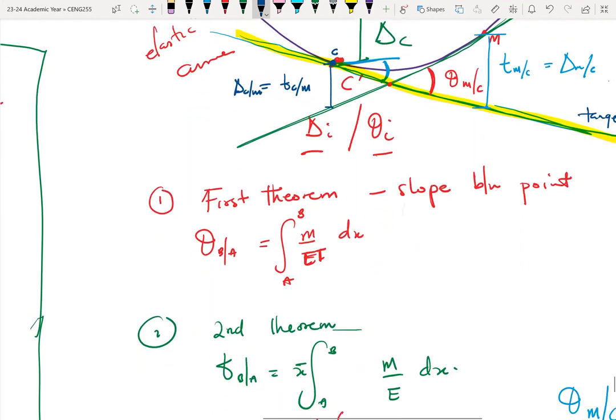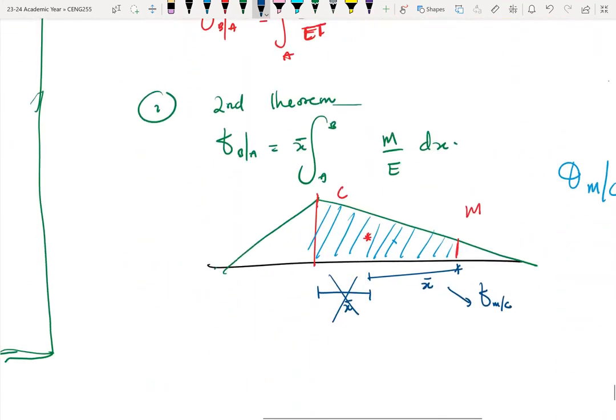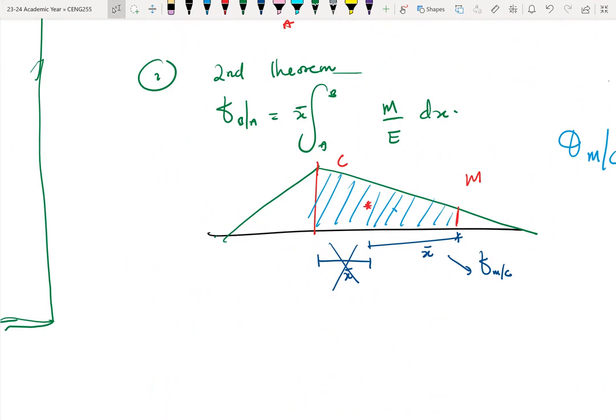So with TCM, the same idea, it is the area between point C and point M. But this time around, the moment is taken about C, not about M. So going back, if I rewrite this here, this X bar would be valid if you are looking at TCM.